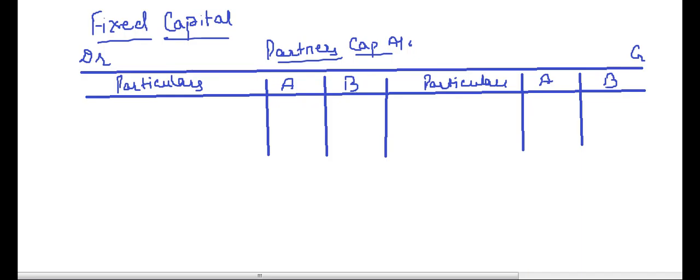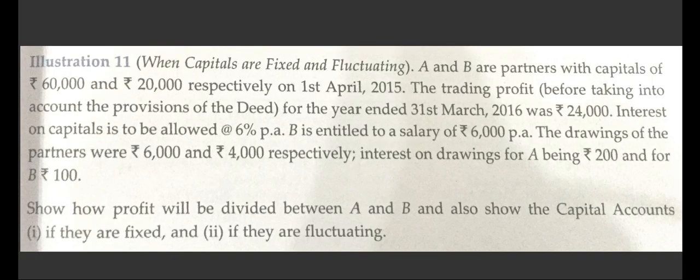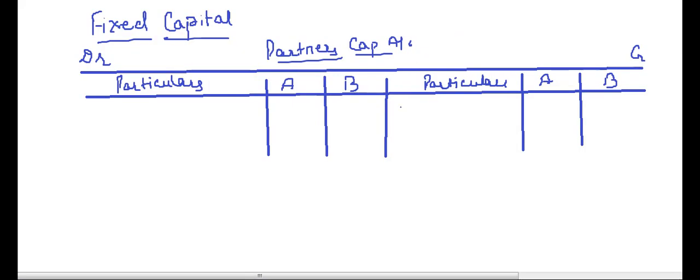It is given in the question that A and B are partners with the capitals of 60,000 and 20,000 respectively on 1st of April 2015. Clear? So, we'll say by balance brought down 60 and 20.